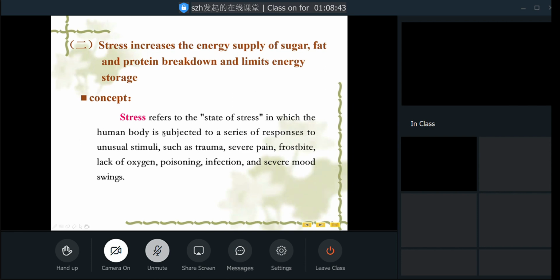What is stress? Stress refers to the state in which the human body is subject to a series of responses to unusual stimuli, such as trauma, severe pain, frostbite, lack of oxygen, poisoning, infection, and severe mood swings.